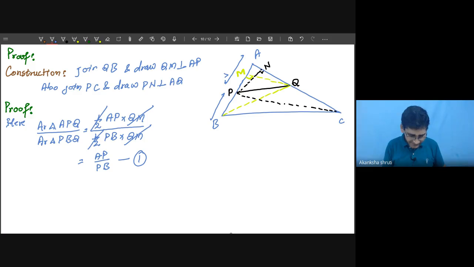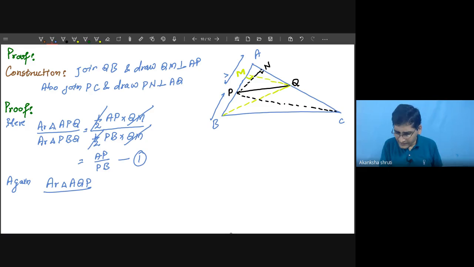Again, we are interested in the other side. On the other side, AC, the intersecting point Q, the triangle formed is APQ. So we shall take the area of triangle APQ, or AQP if you are in doubt.